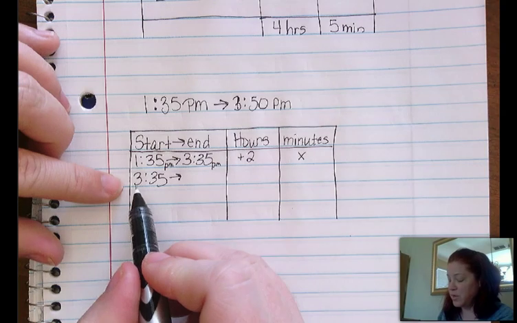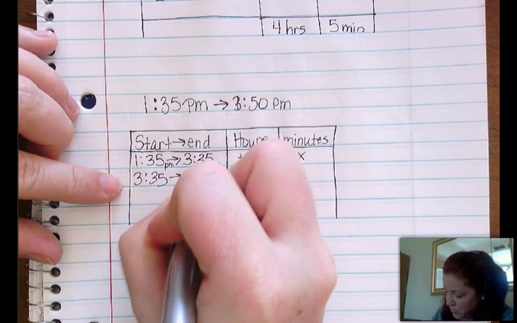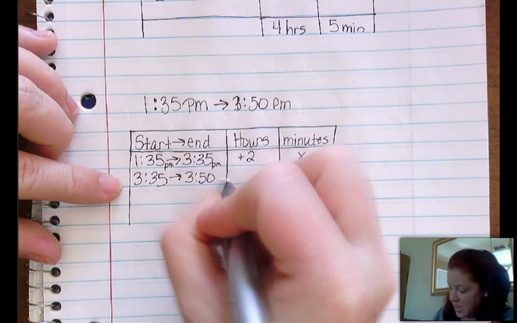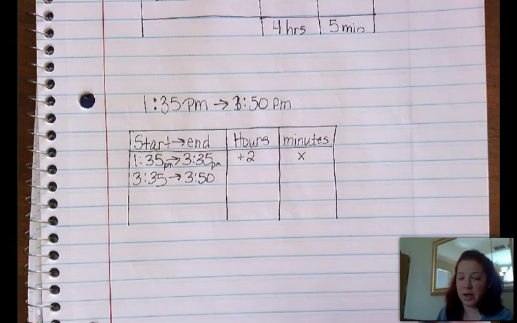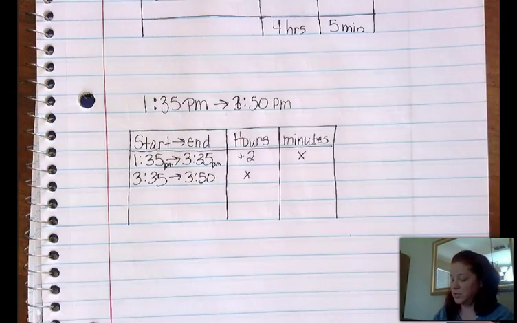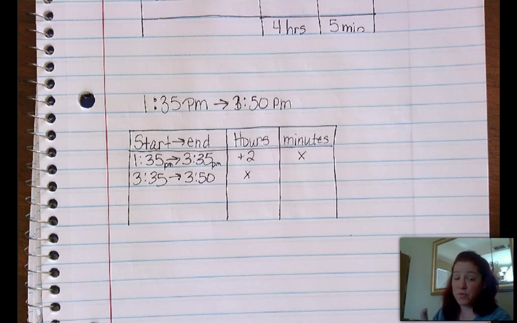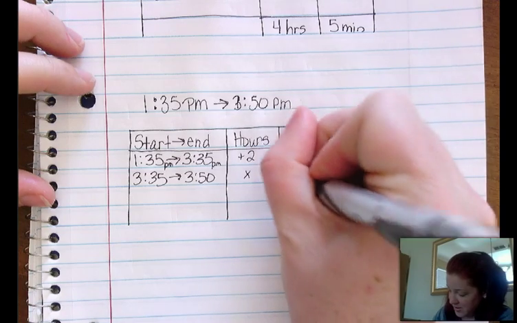And we're going to go from 3:35 to 3:50, and that is when we're going to count by minutes. So we're going to do 35, 40, 45, 50. So we have 5 minutes, 3 counts of 5. 3 times 5 is 15.